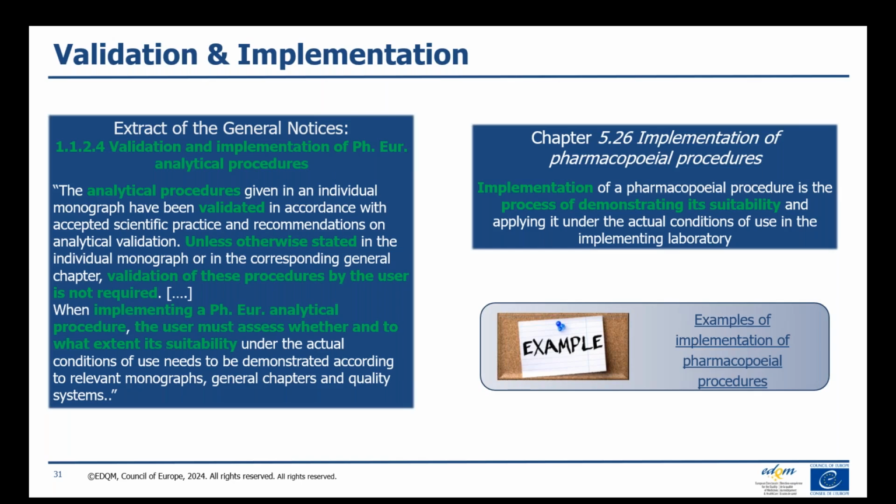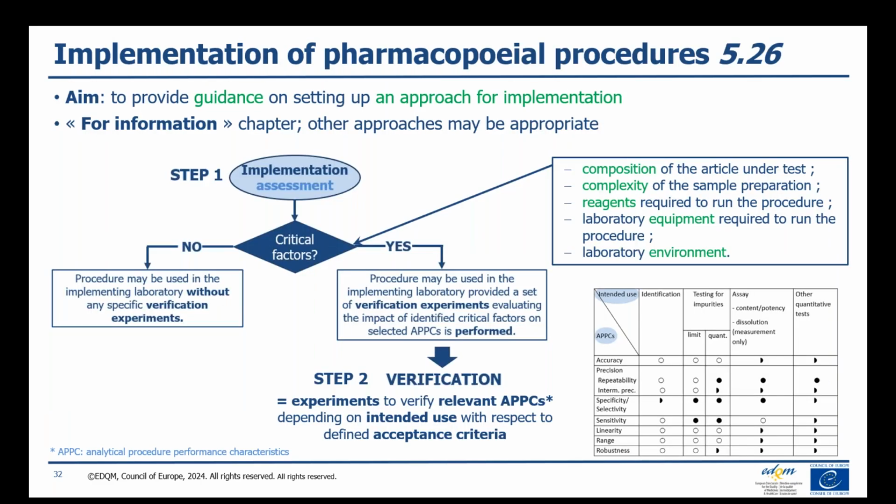This chapter, as I say, is for information only. It describes one approach that can be followed, but we know that there are other approaches that may be appropriate also. So it is really the responsibility of the user to define the most appropriate approach for the procedure that they want to use.